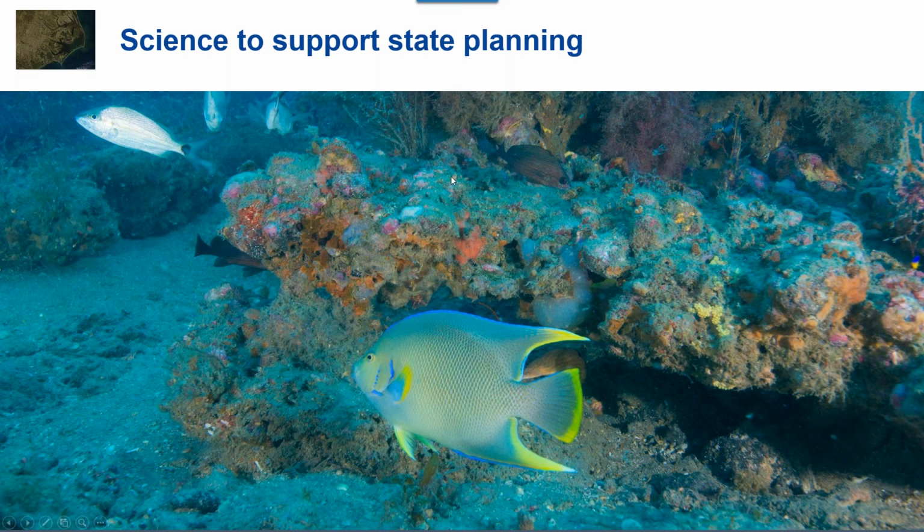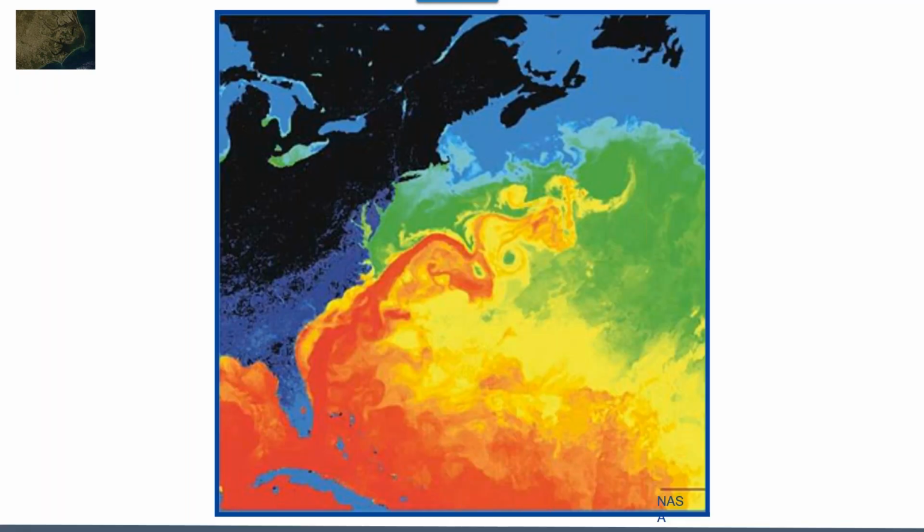And we wanted to understand if some of these tropical and subtropical species, like this angelfish featured on a natural reef off the coast of North Carolina, we wanted to understand how they may be using these built structures provided by artificial reefs.